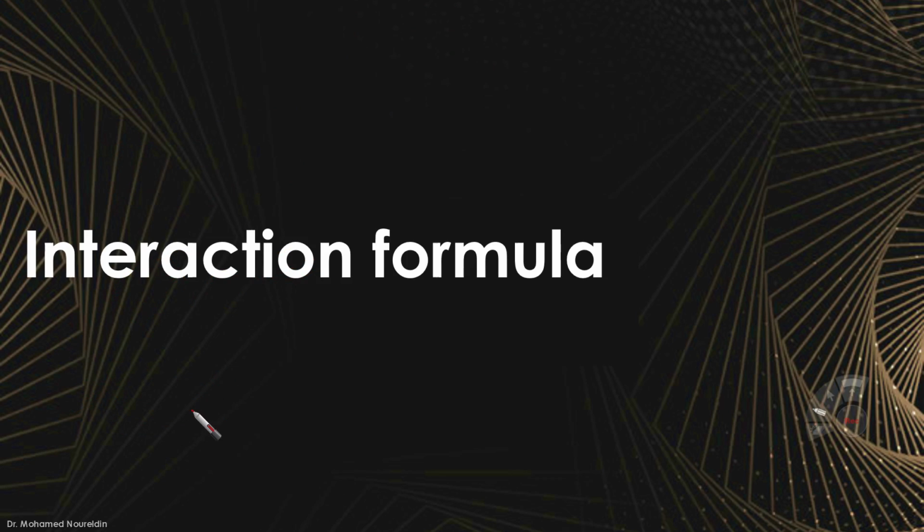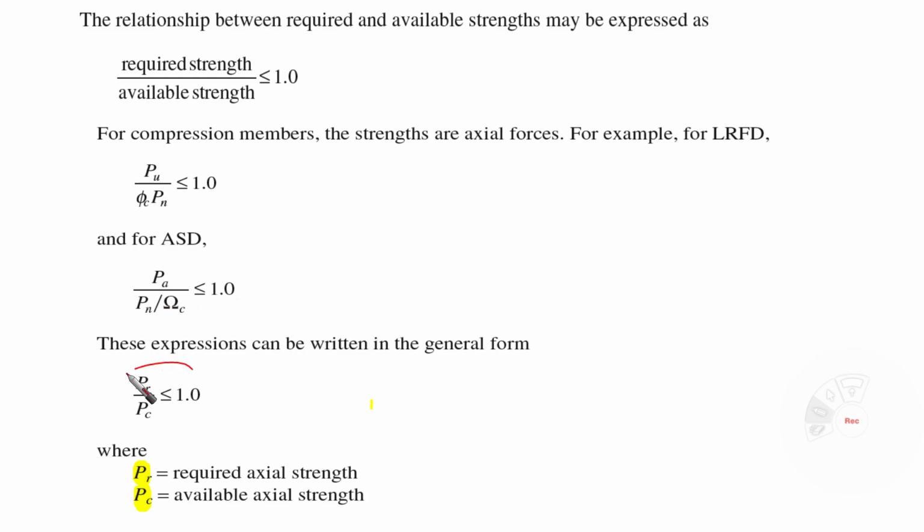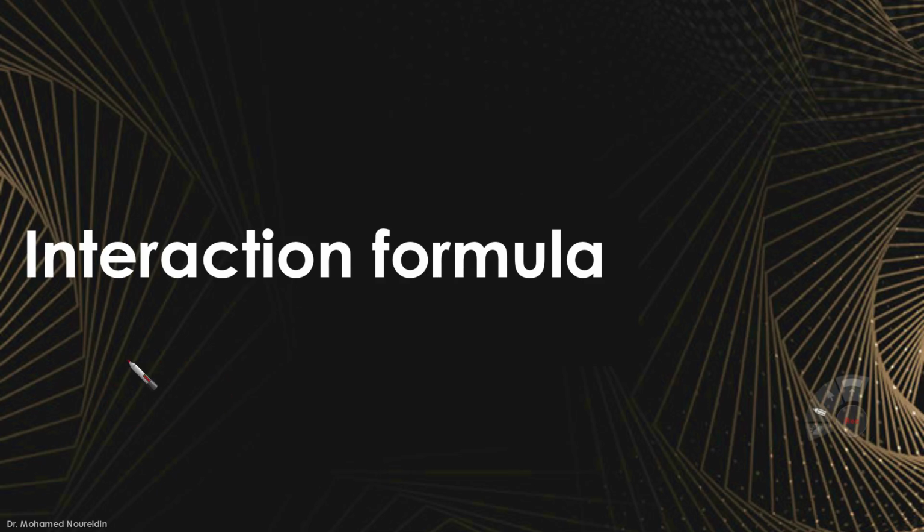Okay, now let's see the interaction formula that is going to be used in our case. The word interaction here is related to what I have explained. In the axial member, we said PR over Pn should always be less than or equal to 1, right? This is the case of axial. But if we have a beam column, as we have explained, the word interaction here means that we have two types of straining actions.